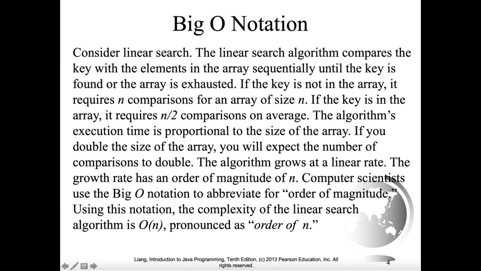Average means maybe you run it 100 times with completely random inputs, and you keep checking the number of comparisons. If I have 10,000 elements, sometimes the number of comparisons is 10,000, sometimes it's 2, sometimes it's 50, and sometimes 500.